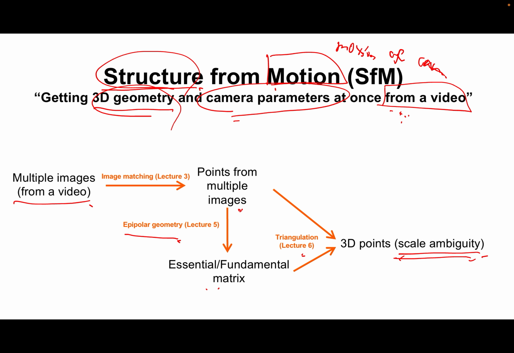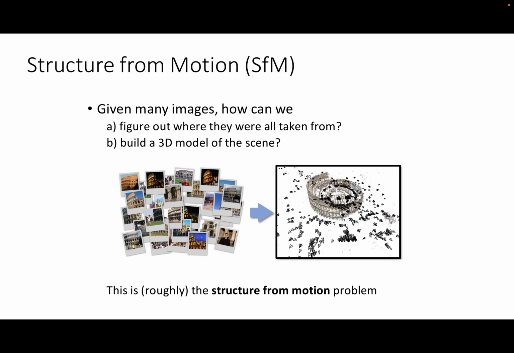This is just called structure from motion. Given many images, we'd like to figure out where they are all taken from. That is about camera extrinsic, right? And build a 3D model of the scene. The 3D model is a little bit ambiguous, but let's say this is a 3D geometry of the scene.